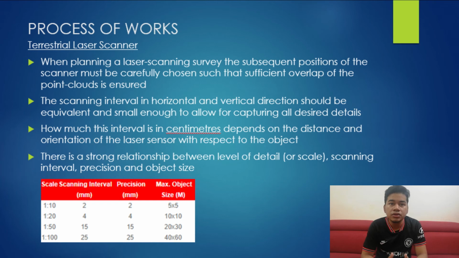There is a strong relationship between level of detail or scale, scanning interval, precision, and object size. In the table, scanning interval and precision are set equal because according to heritage specification, the scanning interval should be equal to or less than precision.